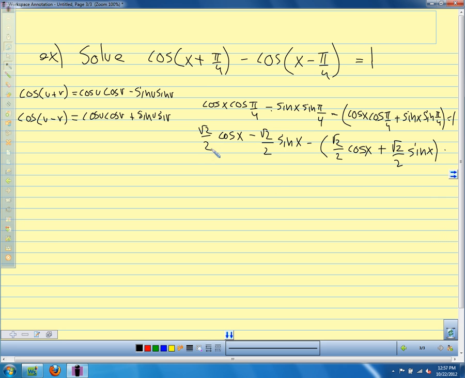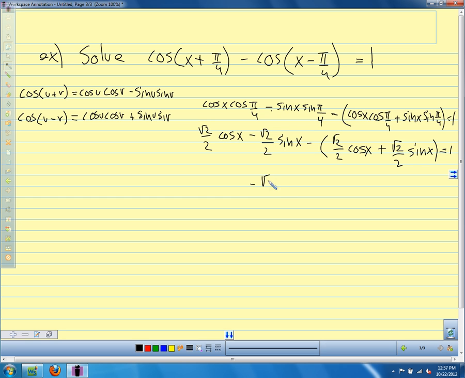Distributing the subtraction, the cosine terms cancel, and I get minus square root of 2 over 2 sine x minus square root of 2 over 2 sine x.